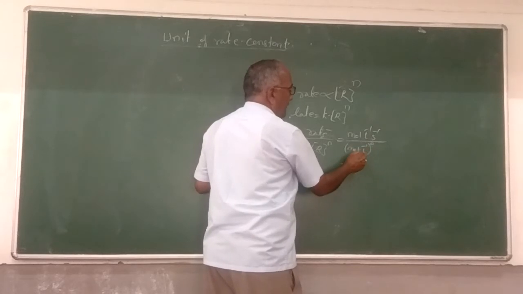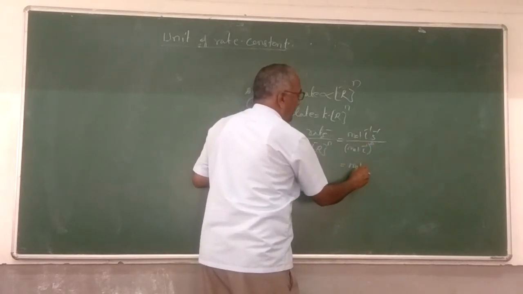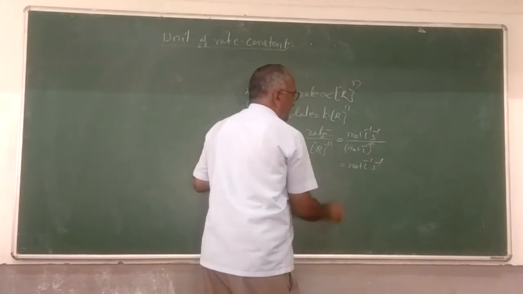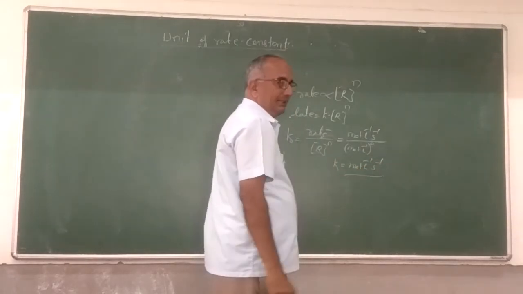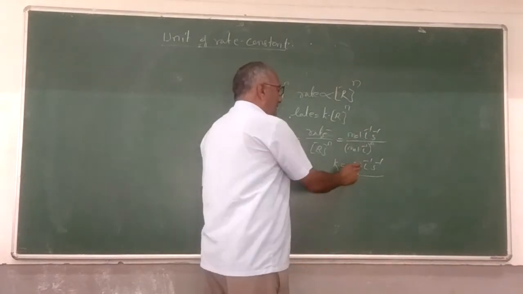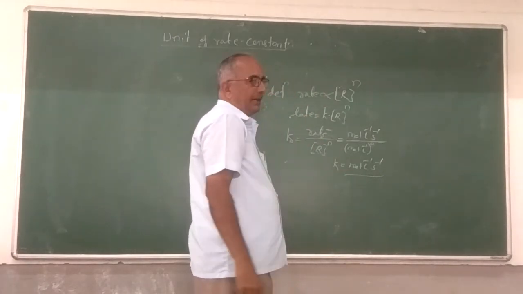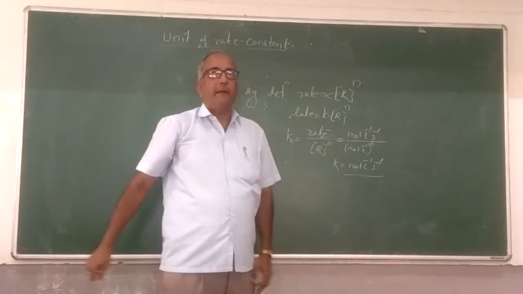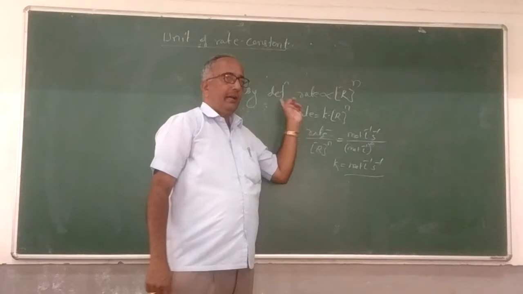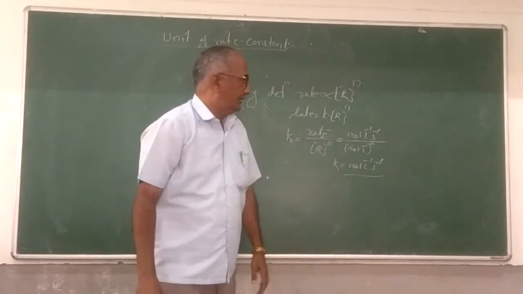Any number raised to 0 is 1, so the unit of rate constant for a zero order reaction is mole per liter per second, the same as the unit of rate. Note that only in this reaction does the unit of rate become equal to the unit of rate constant.